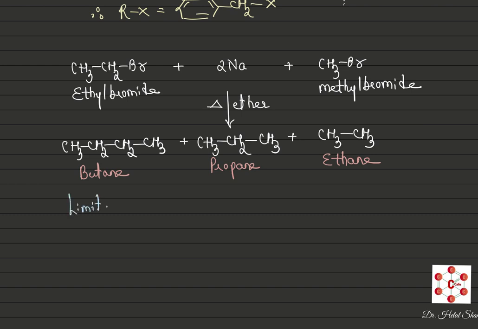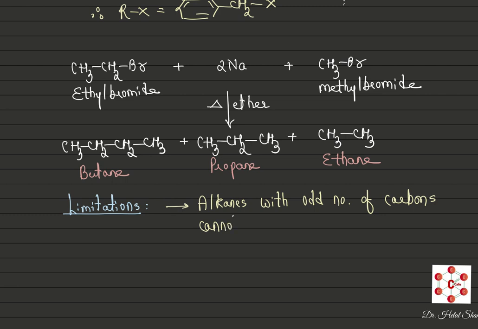So what is the disadvantage of Wurtz process? Limitations. One, alkanes with odd number of carbons cannot be produced in pure form.